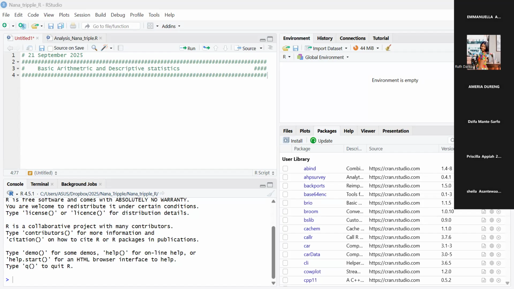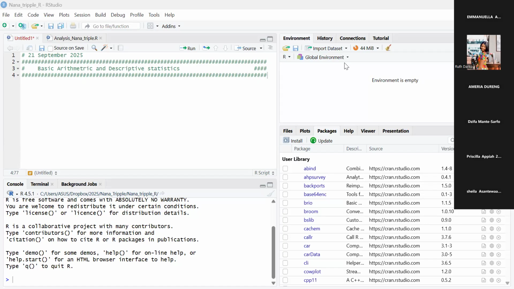We first looked at R: what is R and why we want to use R? We also tried to say that in looking at R, one of the key things is that we must know the consoles. And I told you there are 4 windows that you will see when you open R. One of them is what?